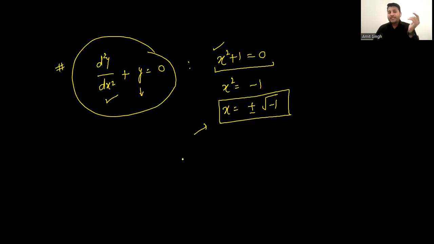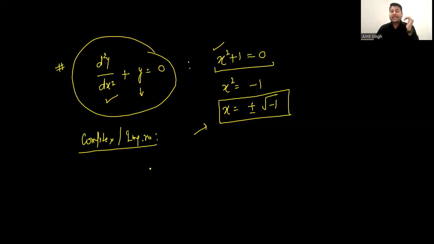In the past, mathematicians realized this also, and they introduced a new number system, which is known as the complex or imaginary number system. This is the extension of the real number system.